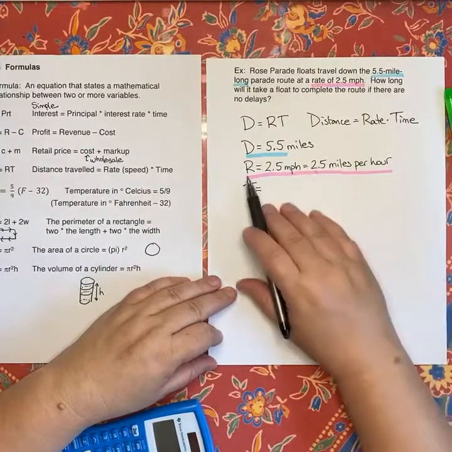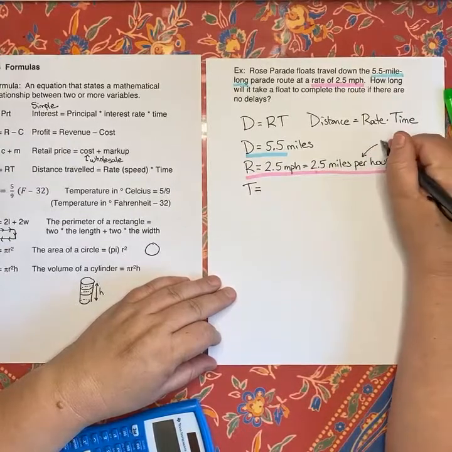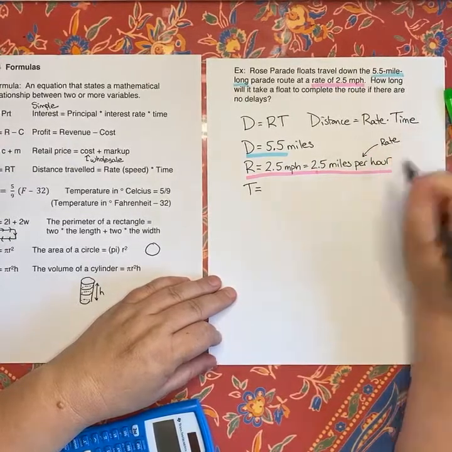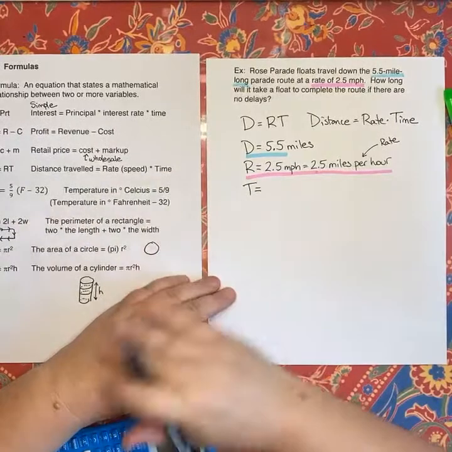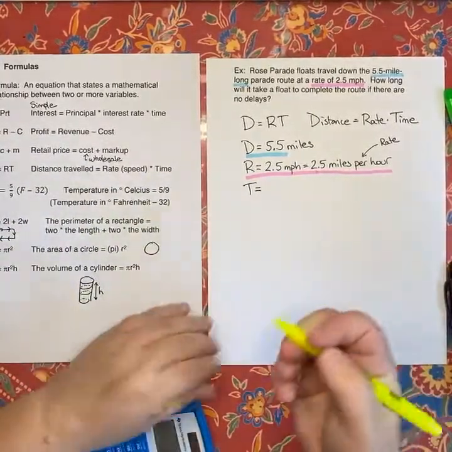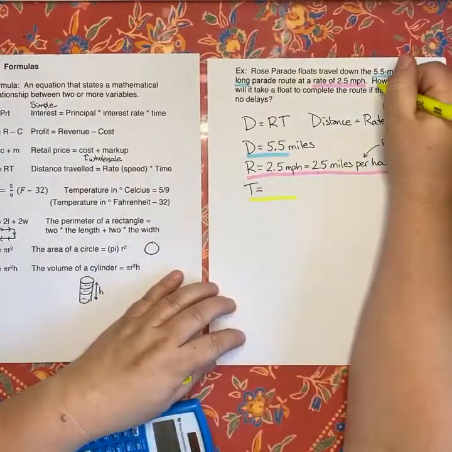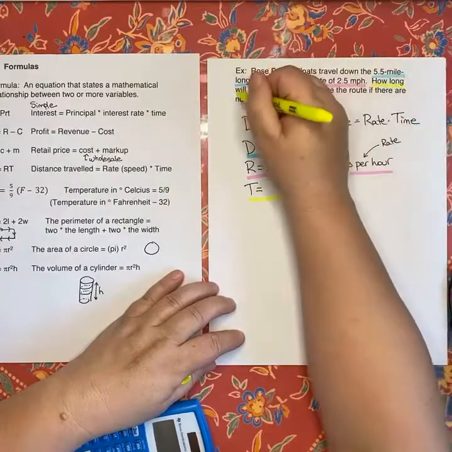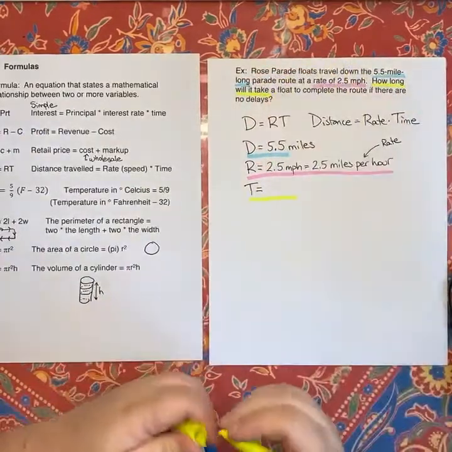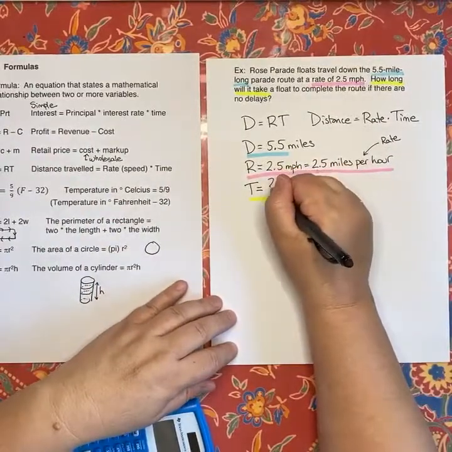So you'll always recognize a rate by the word per. If you see the word per, you've got yourself a rate. Okay, and then let's look for time. I'm going to guess they're not going to give us time because that's the thing we're trying to find. And sure enough, how long will it take? It's telling us we don't know the time. So that's our question mark.